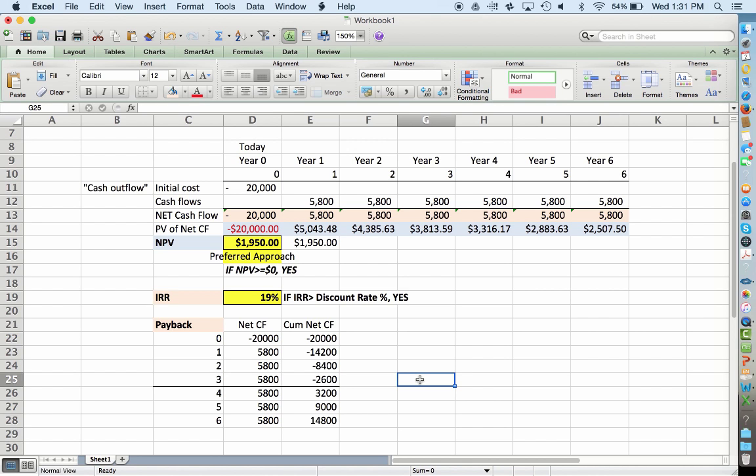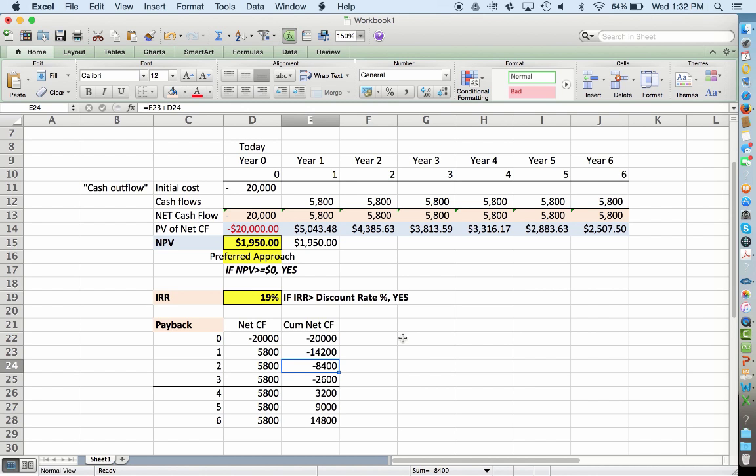So payback essentially is in what year do I recoup my investment? So the first year, I generate $5,800 of my investment. The second year, I have another $5,800. The two of them together are $11,600. So I'm still in the hole $800. And then at the end of the third year, I'm still in the hole $2,600.